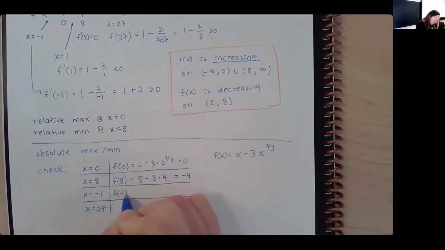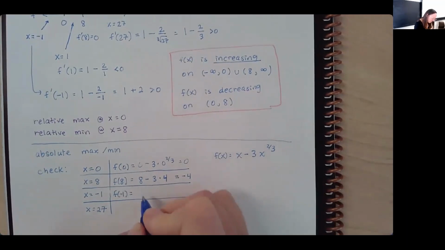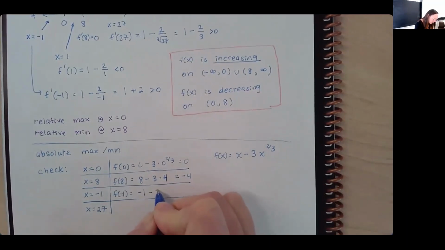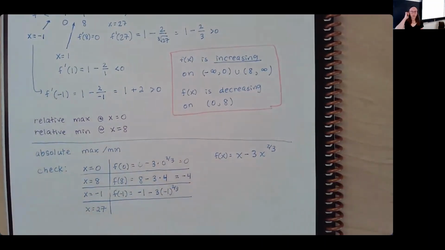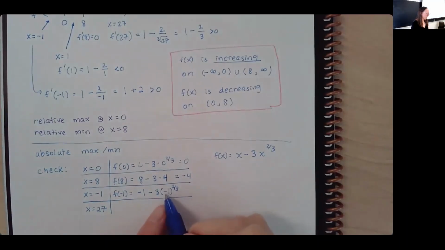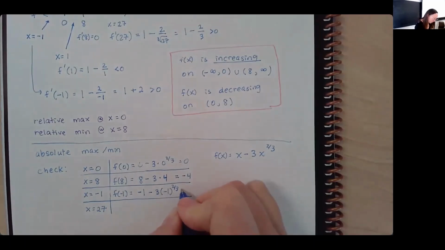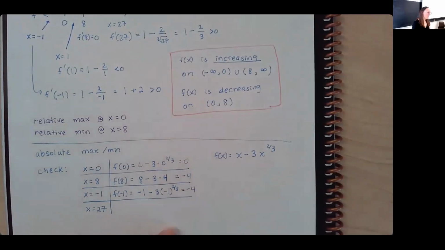f of -1, -1 minus 3 times -1 to the 2/3. Well, the cube root of -1 is -1, but when I square -1, it becomes positive. So this is -1 minus 3, and I also get -4.